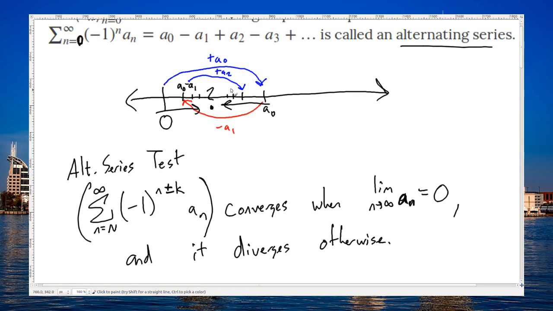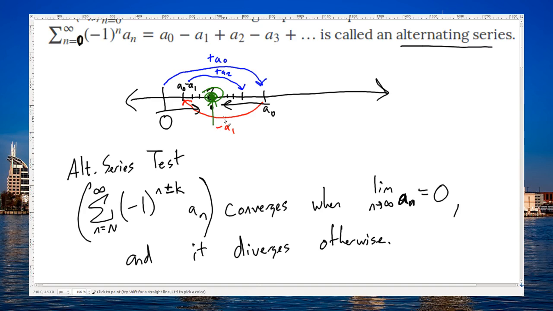In fact, let's just take a look at what this looks like in the picture. Picture-wise, it's actually easy to see why that would be the case. Because if the limit is going to 0, then the things we're adding and subtracting are getting smaller and smaller and smaller. And what's going to happen is we're going to get this whirlpool until eventually it does converge down somewhere in the middle.